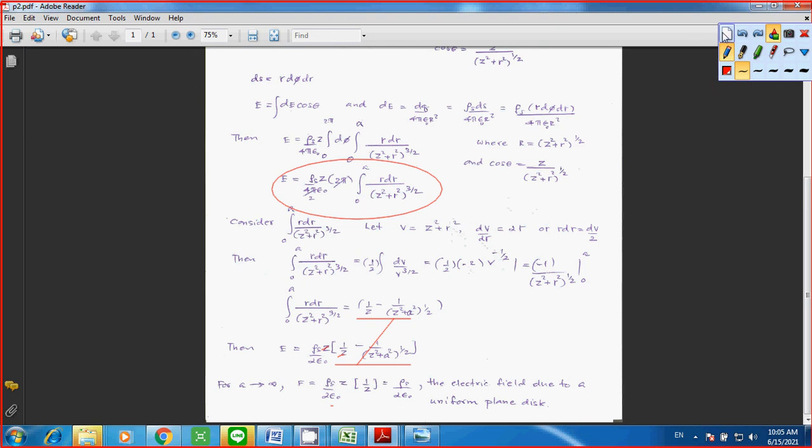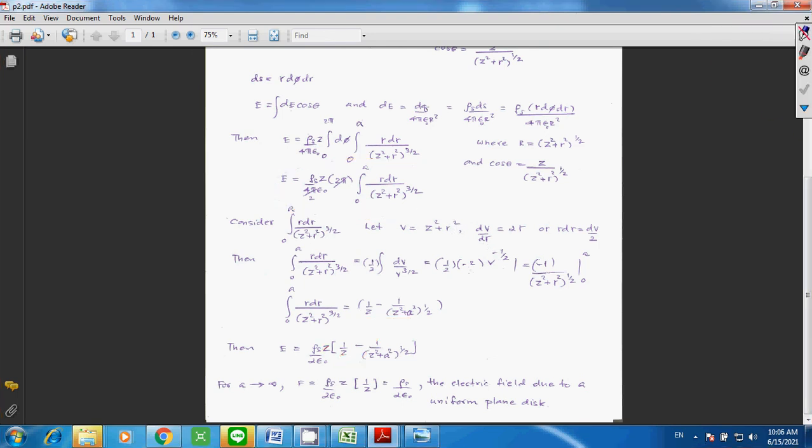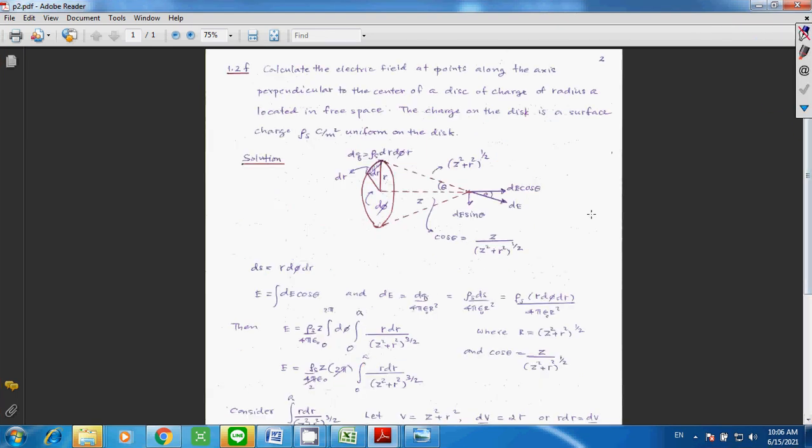Okay, so what we get from this problem? Well, this problem reminded you how to apply Coulomb's law, dE equal to dq divided by 4 pi epsilon 0 r squared. And then you know how to do calculus in terms of integration.